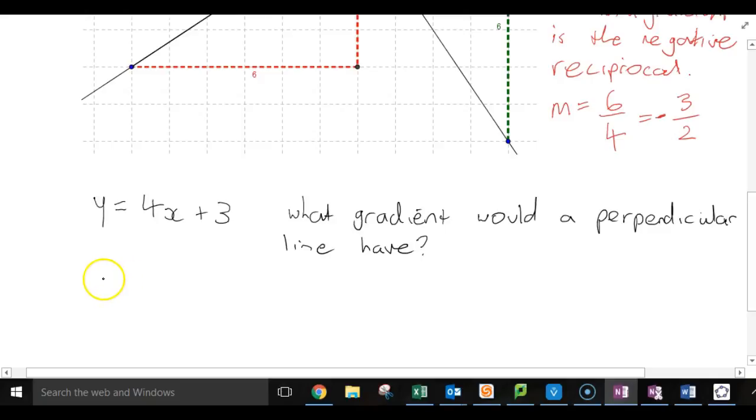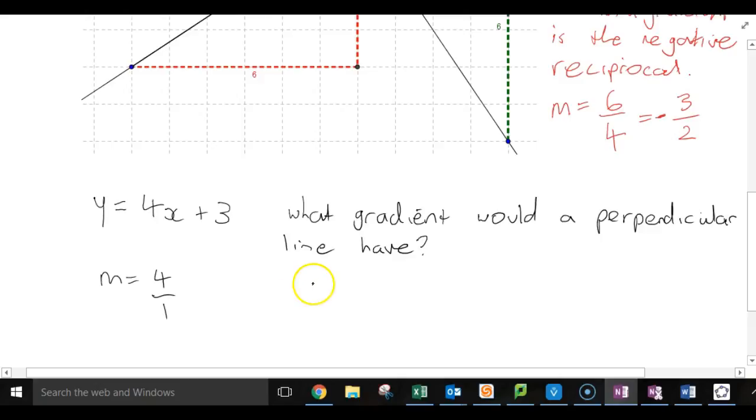You start by writing down the gradient of this line, which we know is 4. Now, a perpendicular line will have the negative reciprocal of that, which is a little bit tricky if you have a whole number, but as we know, we can write a whole number as 1 over 4.